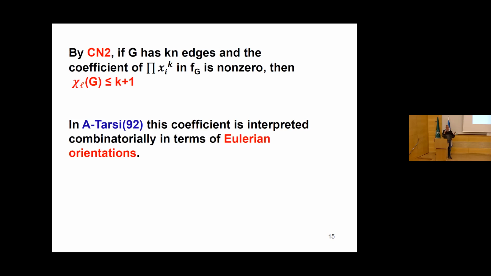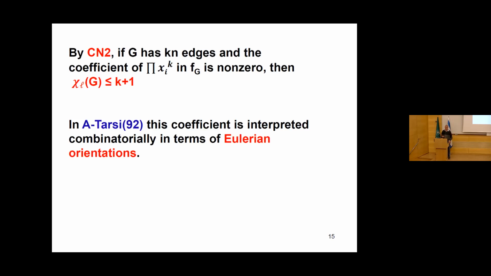You would think that you have to go over all possible lists of size k plus 1, and indeed it is known that deciding if the list chromatic number of the graph is at most some given number is what is called Pi 2 hard, so it's a bit higher in the polynomial time hierarchy than being NP hard. So in general it's hard, but this gives us some sufficient condition.